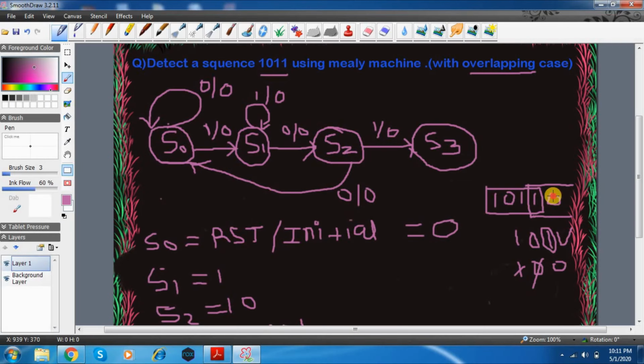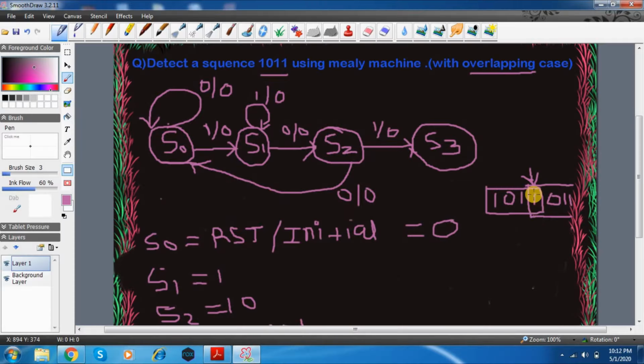So here only one overlapping bit is there. So I want to detect the sequence. Let me erase this first.